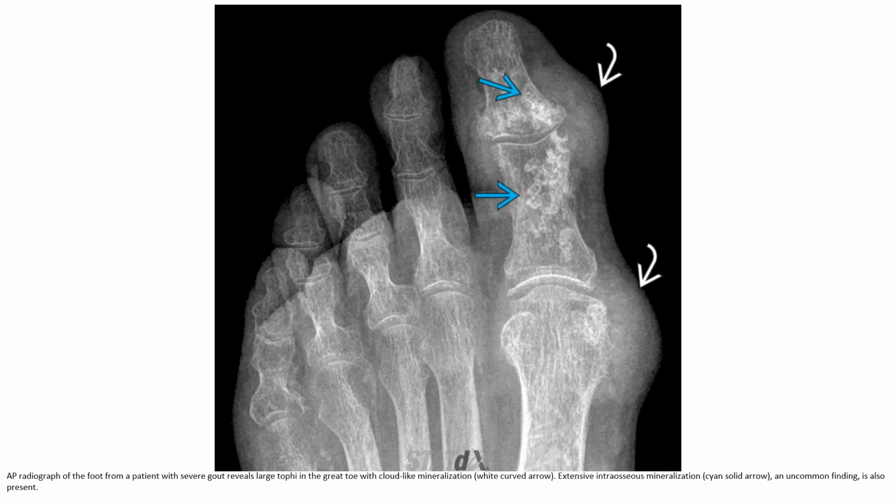AP radiograph of the foot from a patient with severe gout shows large tophi in the great toe with cloud-like mineralization and extensive intraosseous mineralization. An uncommon finding is also present.